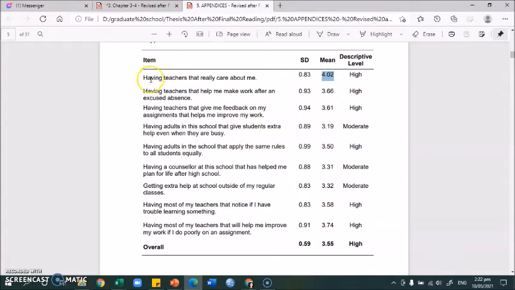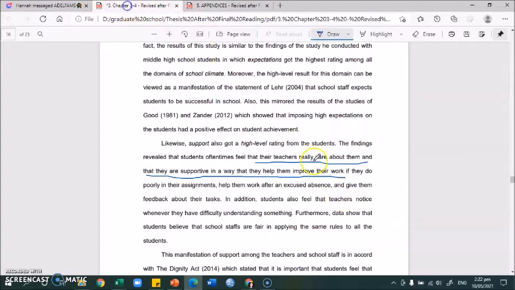Again, sa chapter 3. So, having teachers that really care about me. Okay, that really care about me. So, eto, diniscuss sa chapter 4. Students oftentimes feel that their teachers really care about them. Okay, so reported speech na siya, no? So, it's as if the author is now speaking, not the participant anymore.